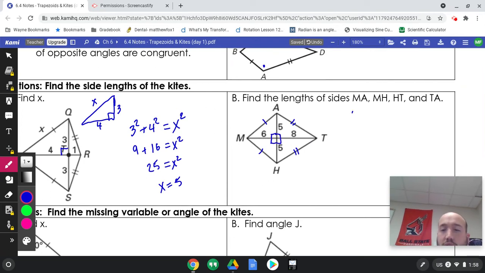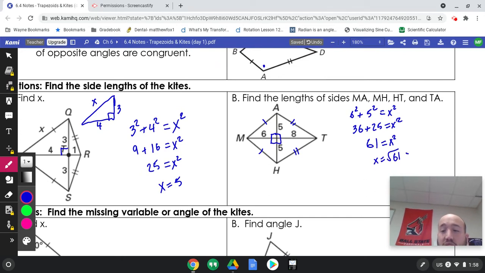So we can do 6 squared plus 5 squared will be equal to X squared. I don't know what that side is. So 36 plus 25 equals X squared. That's going to be, let's see, is that 61? Will equal our X squared. Take the square root of that. X will equal the square root of 61.